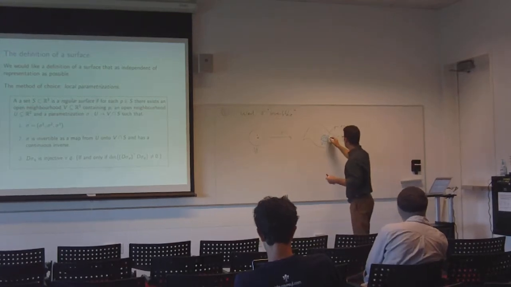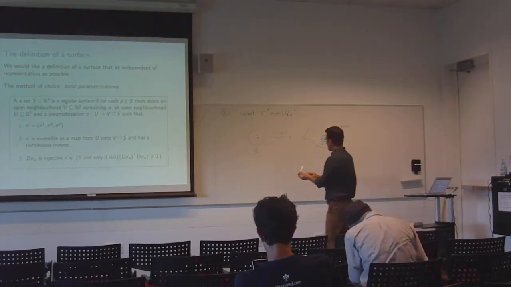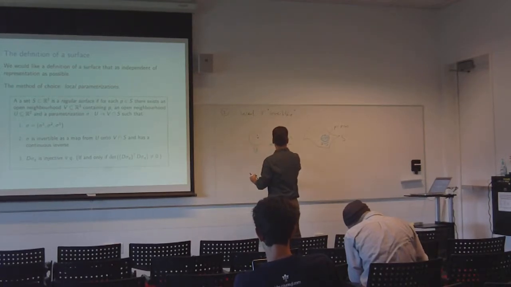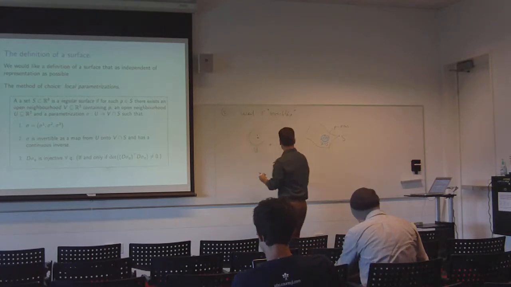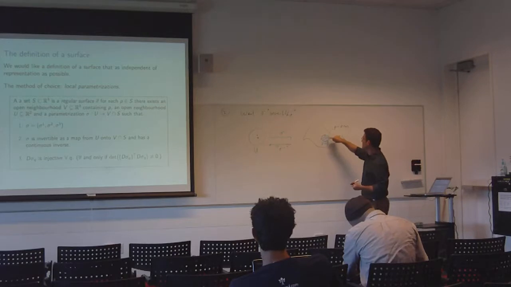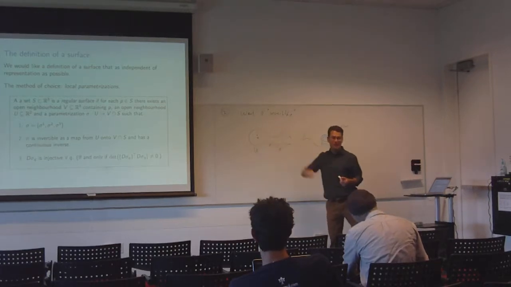So I have invertibility this way. And whenever I'm talking about sigma inverse, in quotes, what I mean is the mapping that looks only at points on the surface and gives you back their parameter values.